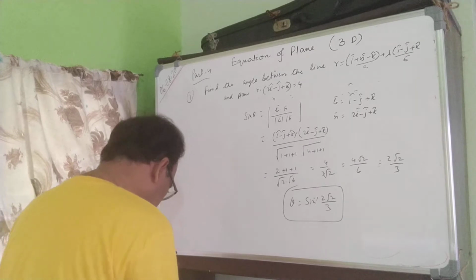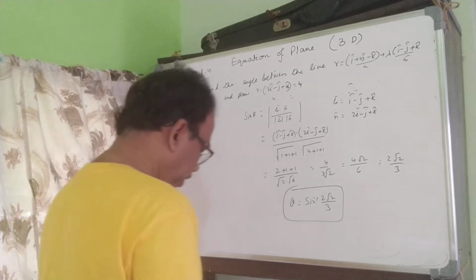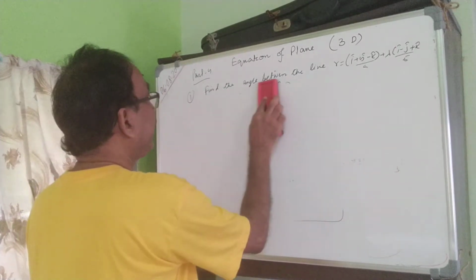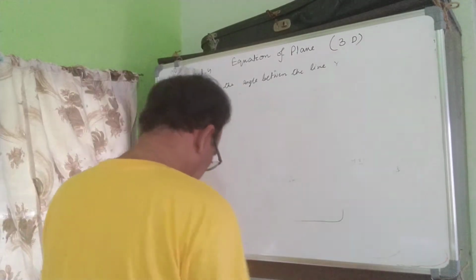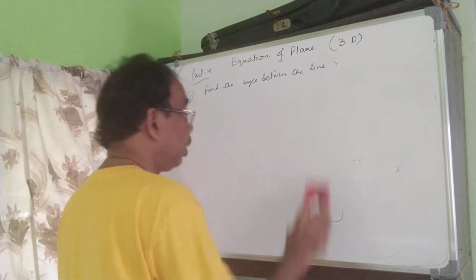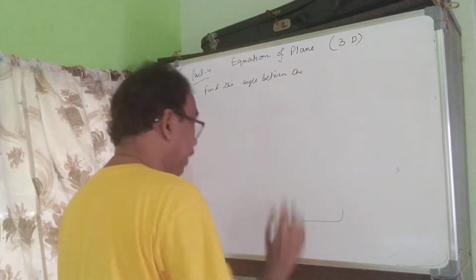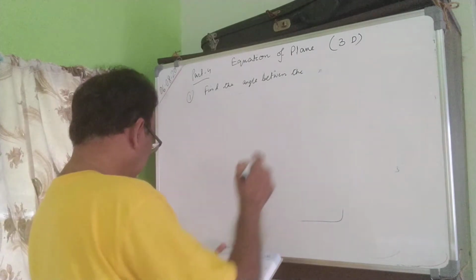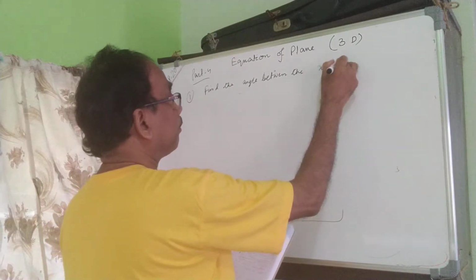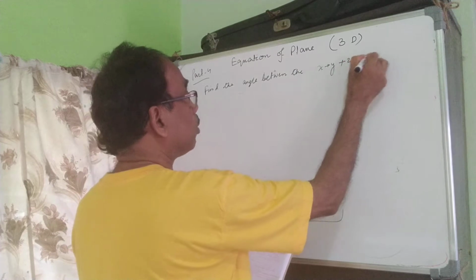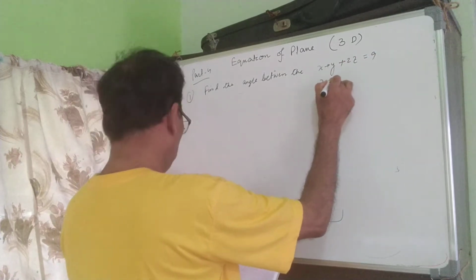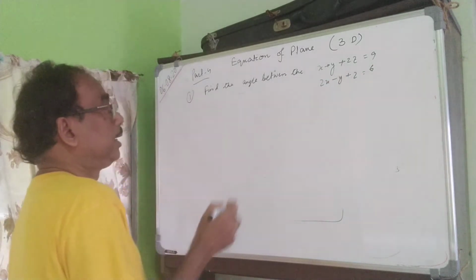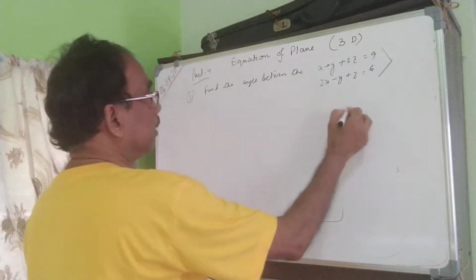Now let us do another sum. Just now we found the angle between a line and a plane; now we find the angle between two planes: x plus y plus 2z equals 9 and 2x minus y plus z equals 6. These are the Cartesian equations of two planes.